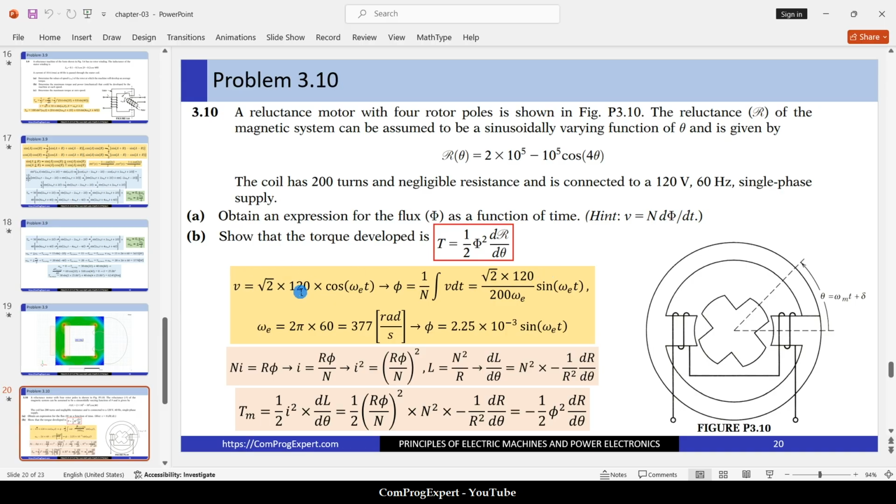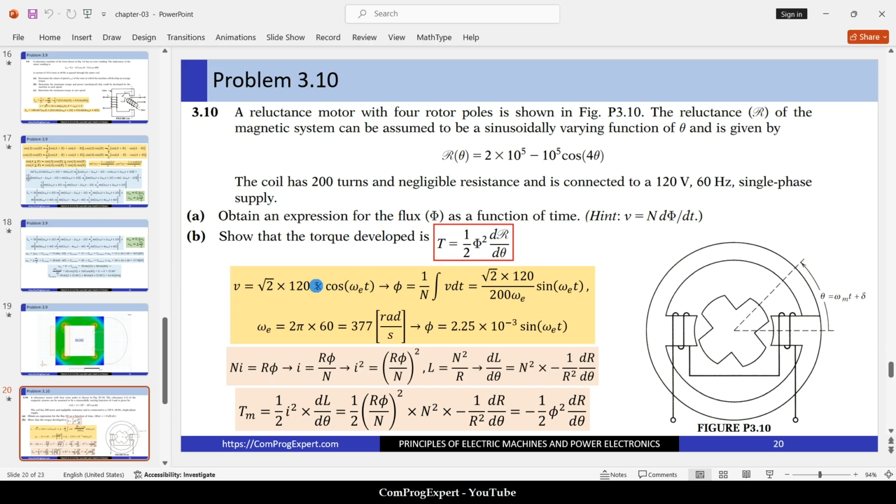If we assume this function for the voltage, 120 times cosine of omega e t. 120 is the RMS value of the voltage. We should multiply it by the square root of 2. This is the peak value. Omega e is the angular electrical speed.